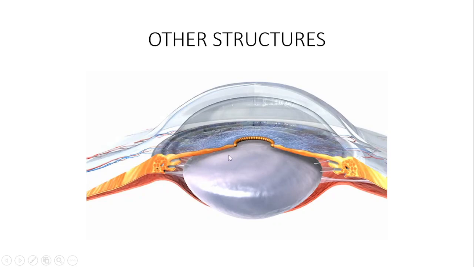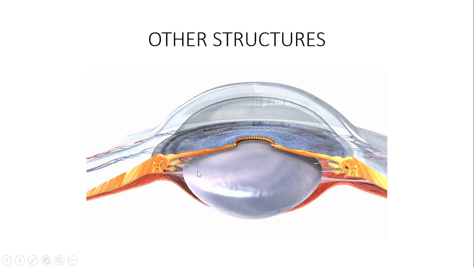So that is the space for the posterior chamber. If you want to make your answer more academically accepted, then you say that the posterior chamber of the eyeball is found between the posterior surface of the iris and the anterior surface of the crystalline lens. Okay, so that is it.